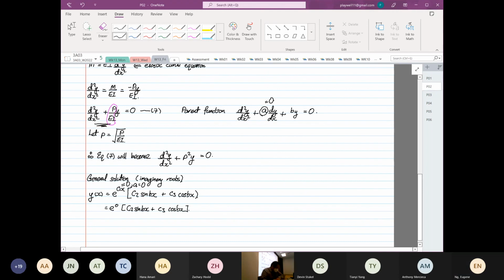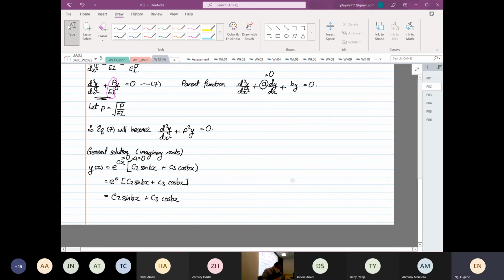Okay. So our final term over here is equal to c2 sine bx plus c3 cos bx. Okay. So therefore, we will write the general equation.